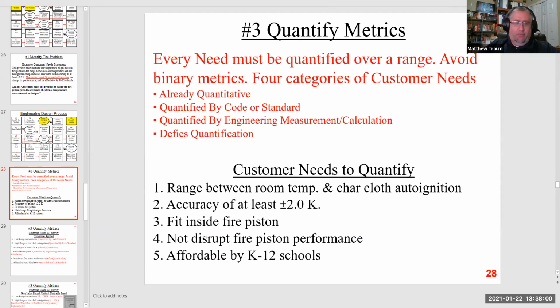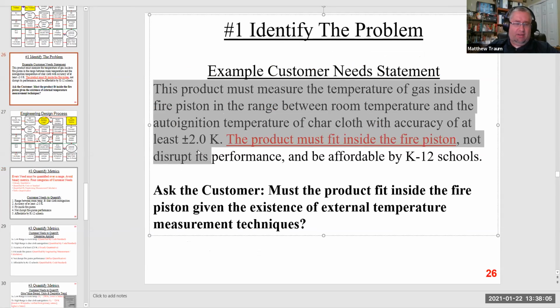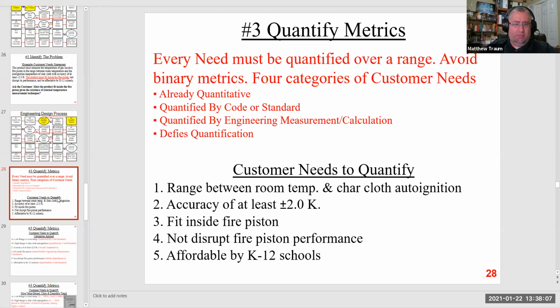So for the customer need statement that I introduced to you for that temperature instrumented flame tube, these are the customer needs that came out of it. The range of temperature from room temperature up to char cloth auto ignition, an accuracy of at least plus or minus 2 Kelvin, that the sensor must fit inside the fire piston, that the sensor not disrupt the performance of the piston, and that the cost be affordable by K through 12 schools.